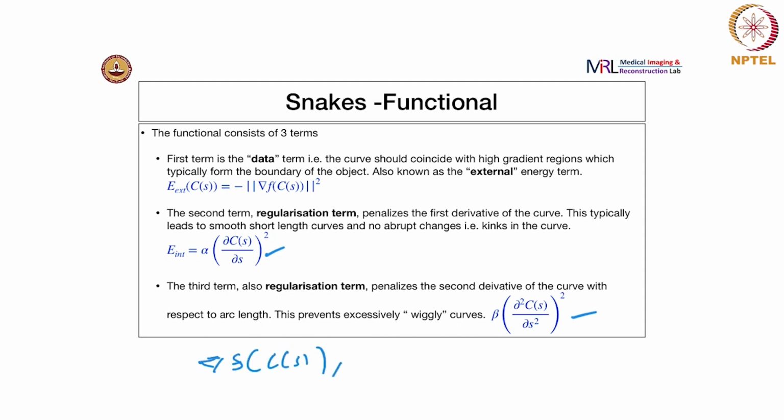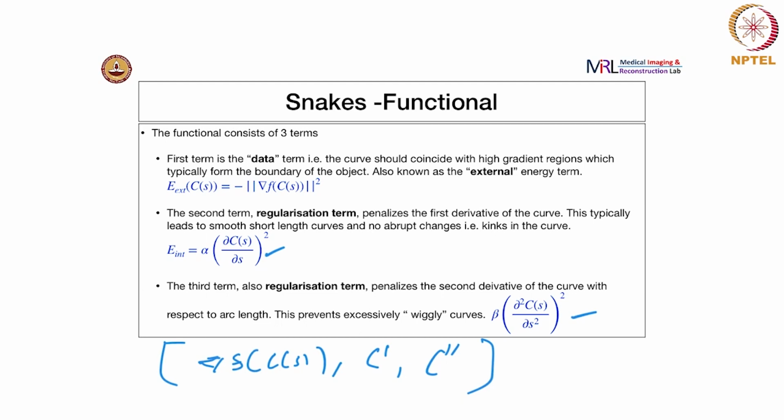You also have, in the integrand inside the functional, the C prime term and the C double prime term. Here the C is implicit in F. So these three terms are there, and then you have the form of the equation to use in the Euler-Lagrange equation in order to derive.